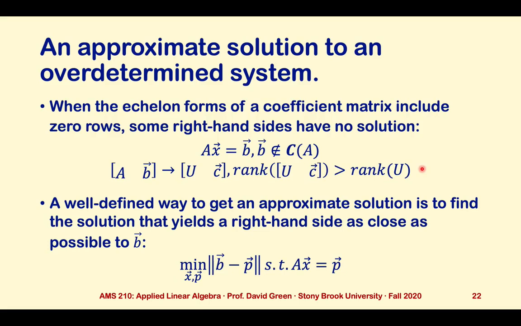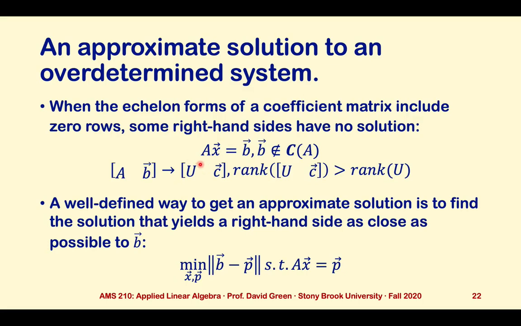But everything that we have done so far, we've still sometimes come across inconsistent systems. When the echelon form of a coefficient matrix includes 0 rows, some right-hand sides have no solutions.